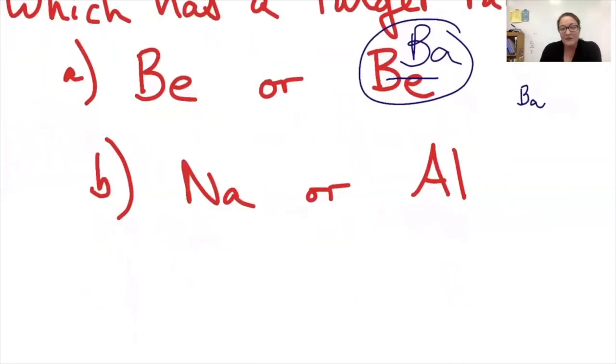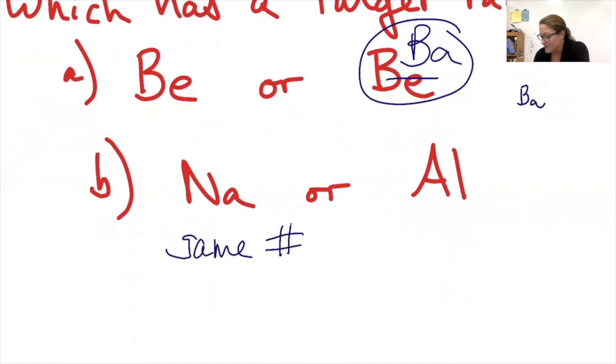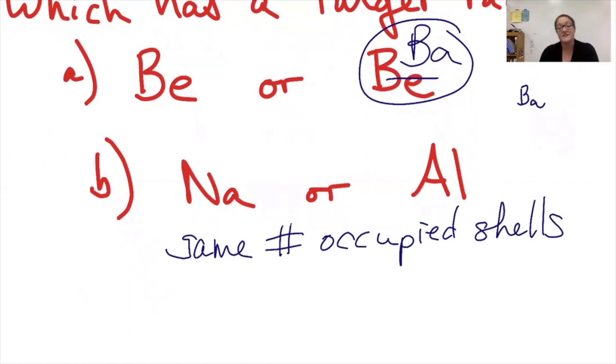For sodium and aluminum, you're going to find that they're in the same row. So they have the same number of occupied shells of electrons. Therefore, the difference is going to be based on the effective nuclear charge.